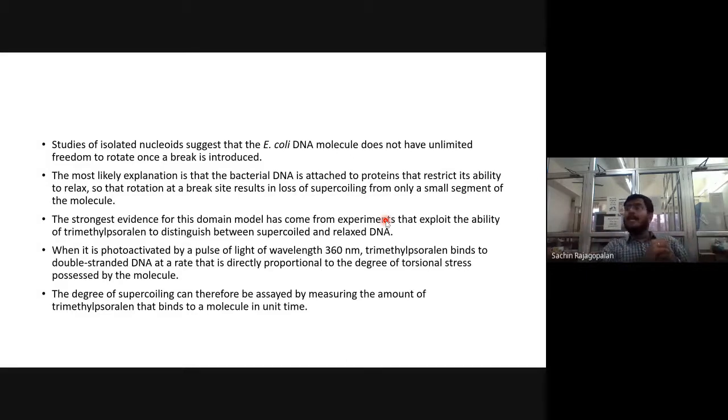Now, bacterial DNA is attached to proteins, and the proteins will not allow the DNA to relax or to come back to their loose forms. These proteins are responsible to keep them in that tight, supercoiled form. But if there is a break in the DNA, then these proteins are not able to attach very firmly.